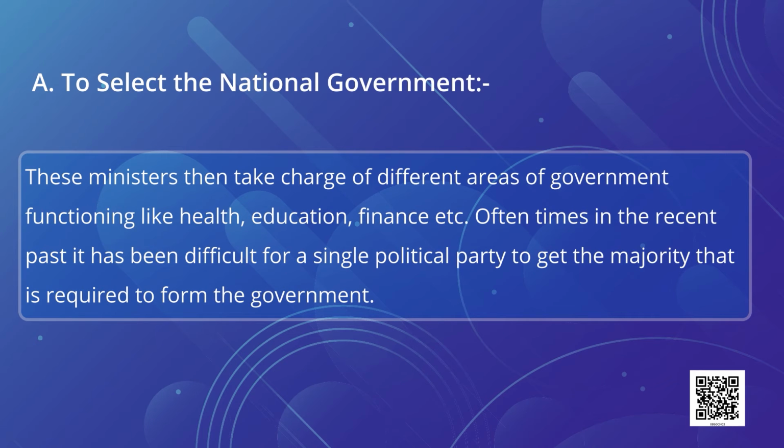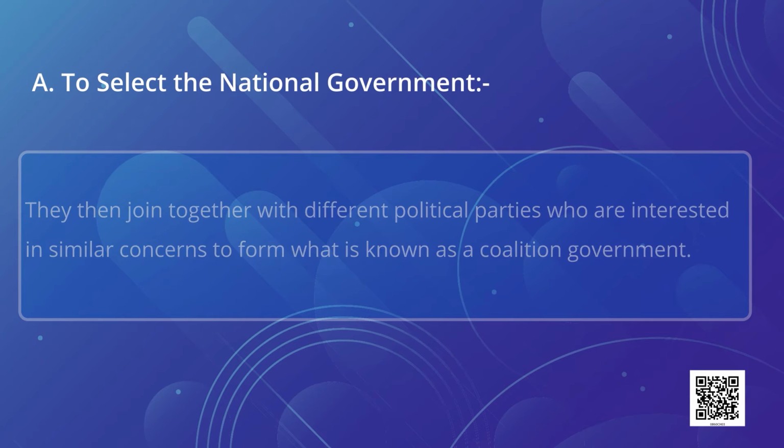These ministers then take charge of different areas of government functioning like health, education, finance, etc. Oftentimes in the recent past, it has been difficult for a single political party to get the majority that is required to form the government. They then join together with different political parties who are interested in similar concerns to form what is known as a coalition government.